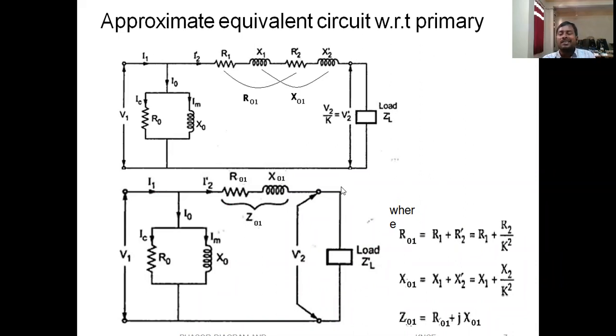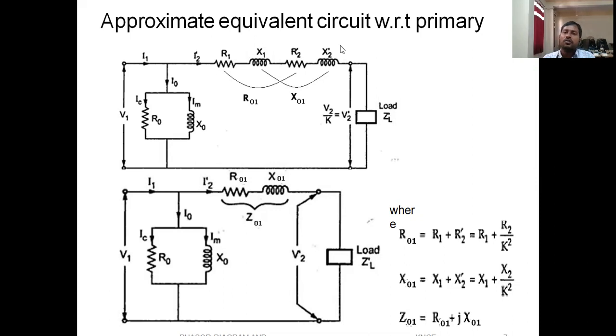Sorry, this is the first approximation equivalent circuit referred to primary. For the secondary, the first approximation referred to secondary is also in a similar manner.